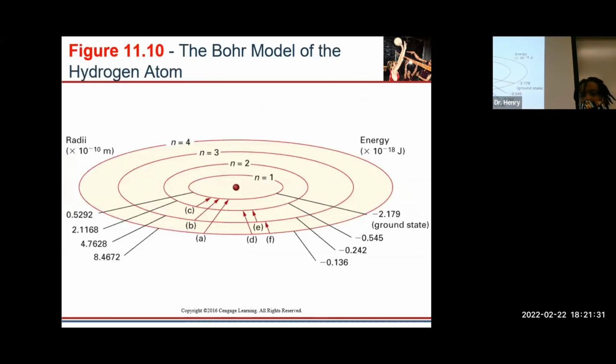So Bohr basically said, this is what it looks like, right? This here is that first level of energy. We often will call that period 1, right? This is the second level of energy, period 2. Third level of energy, period 3. Fourth level of energy, period 4. And so the electron for hydrogen would sit at this ground state and is able to be excited to all of those other states.